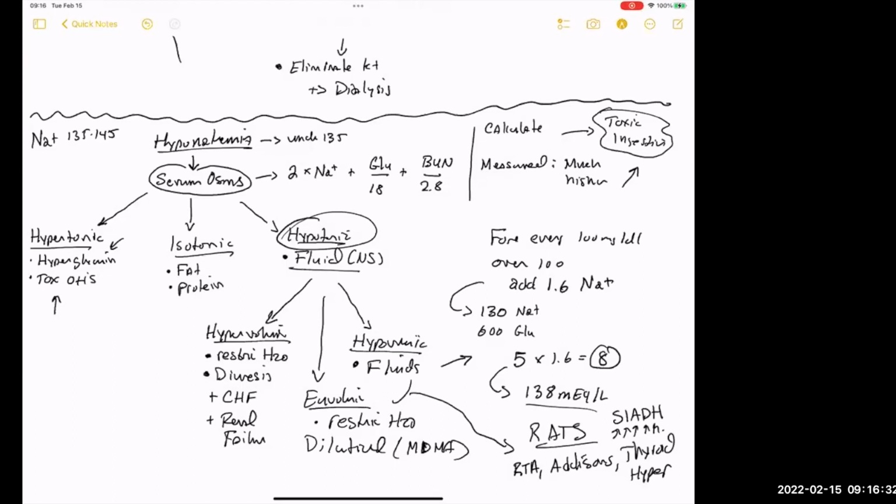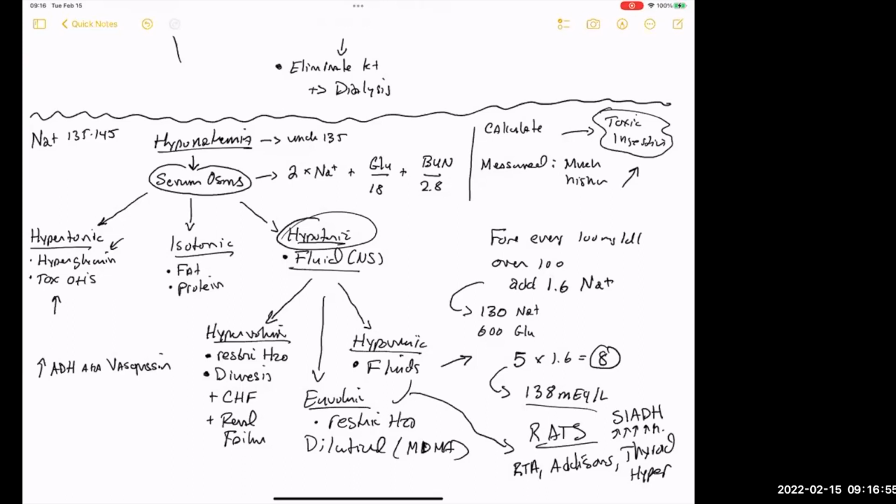So SIADH is where someone has too much antidiuretic hormone. ADH is also referred to as vasopressin. And one of the things the antidiuretic hormone does is it causes you to hold on to water, to retain water, then you can dilute out the sodium and you get a dilutional hyponatremia.